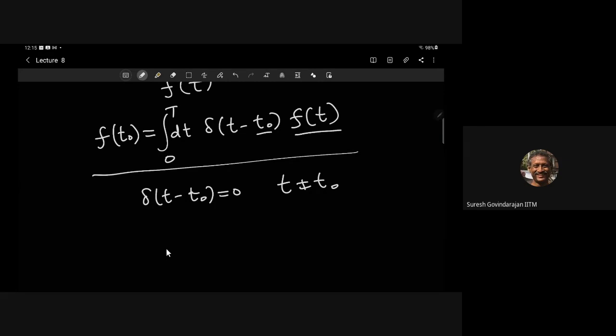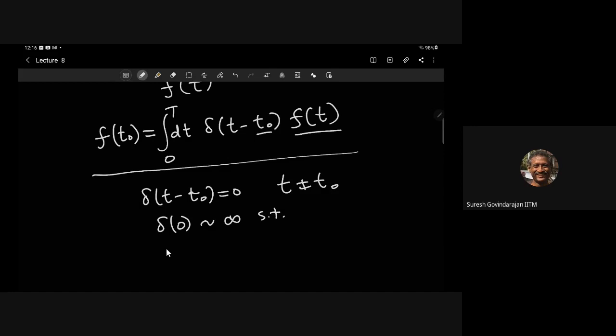But when it's equal to t naught, it can't be 1 because there is this integration, so it's like 1 by epsilon. So delta of 0 is actually infinity, such that the area is 1.